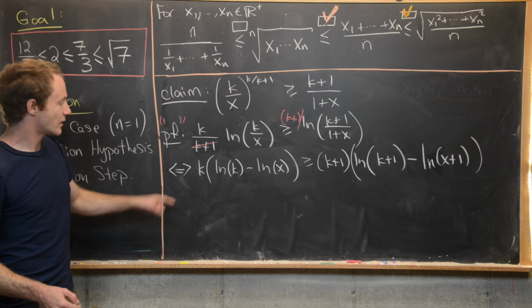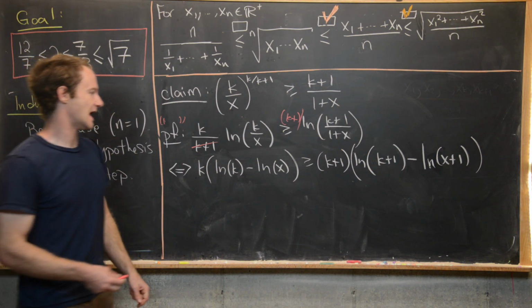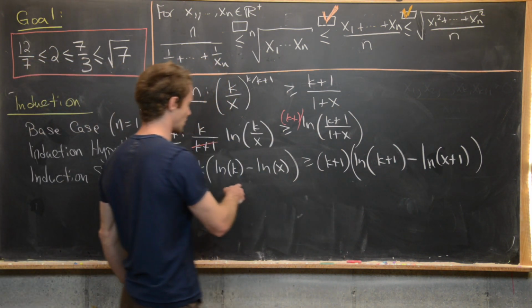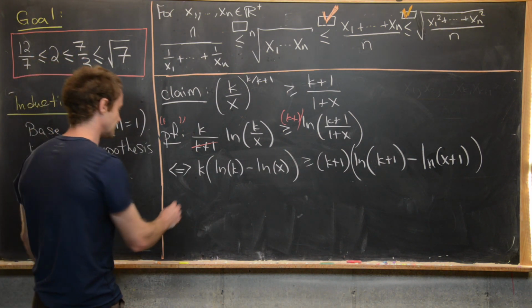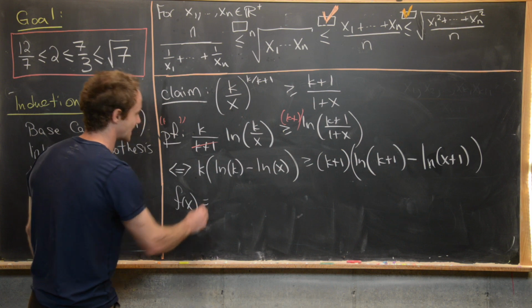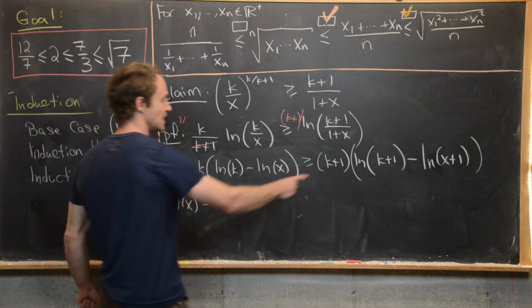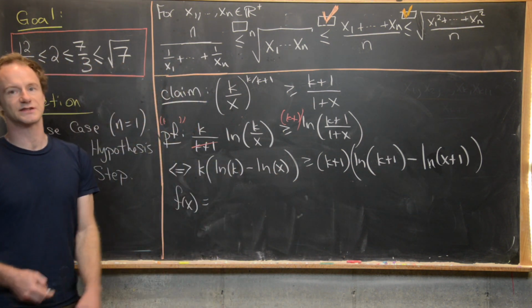Okay, so now what I'll do is I'll go ahead and subtract this term from both sides and set that equal to f of x. So now let's go ahead and set f of x equal to, like I said, the difference as we move this over.